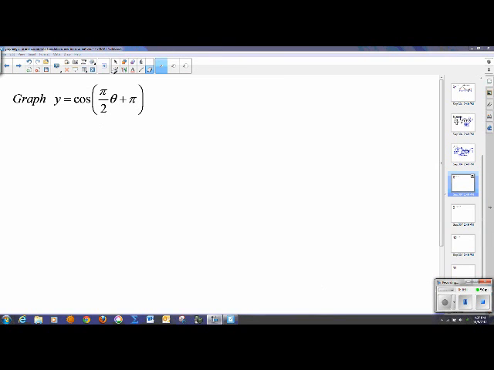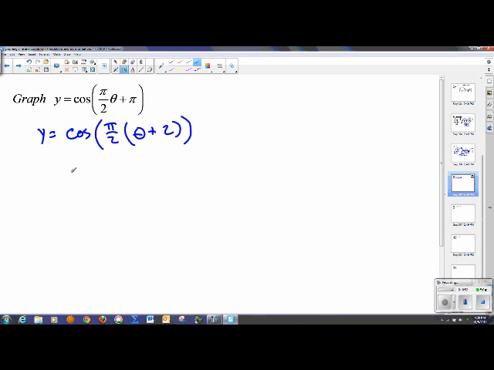So now, somewhat of a similar problem. I rewrite, and I get y equals the cosine. I factor out a pi over 2. Left with theta plus, let's see, it's going to be 2, which means I have a phase shift of 2 to the left.